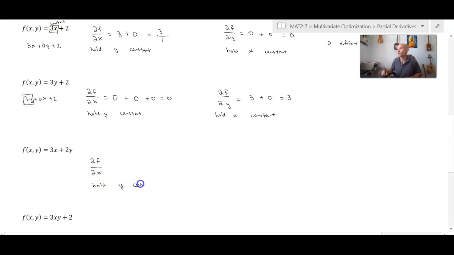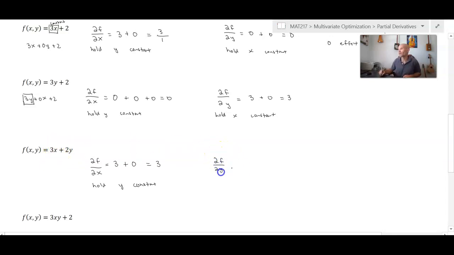So anywhere you see a y, you're going to treat it as if it were a number. So the derivative of 3x with respect to x is 3. And since y is being held constant, 2 times y will be a constant, and the derivative of a constant will be 0. So we get a derivative of 3. In other words, we can see that every time you increase x by 1, there will be an increase in 3 units of f for every 1 unit change in x.